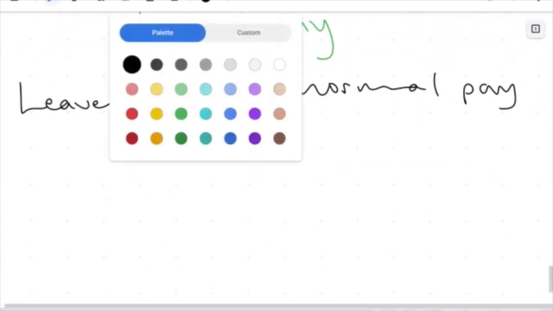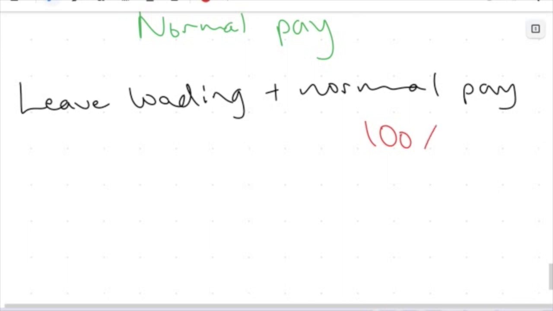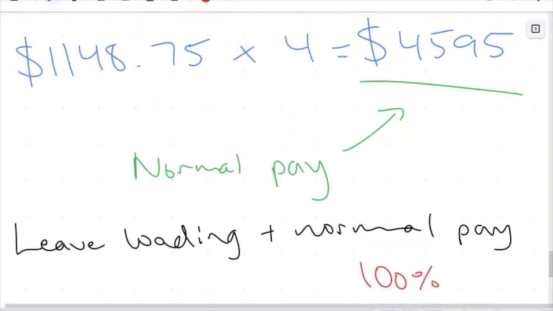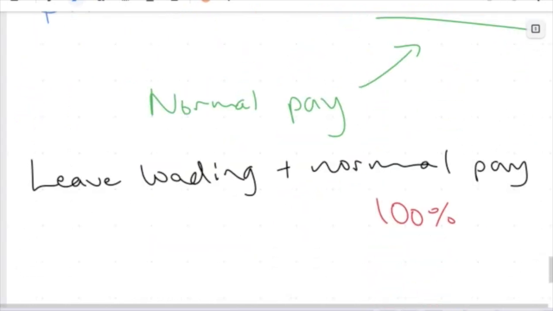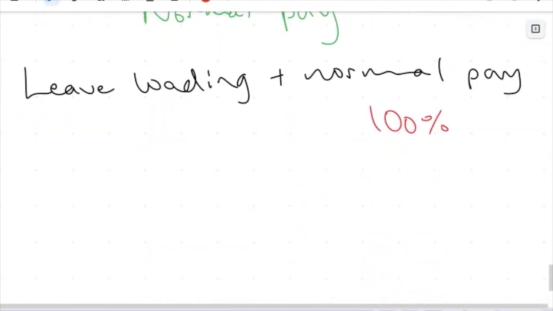My normal pay makes up 100% of my 4 weeks earnings. That's this value here, 4,595. And the leave loading is 17.5% on top of that.